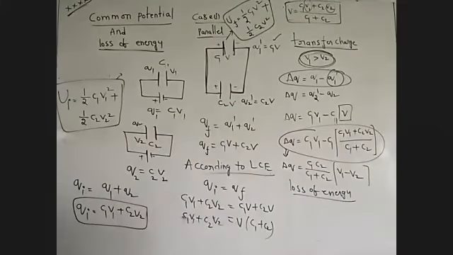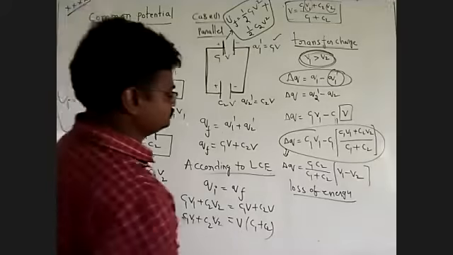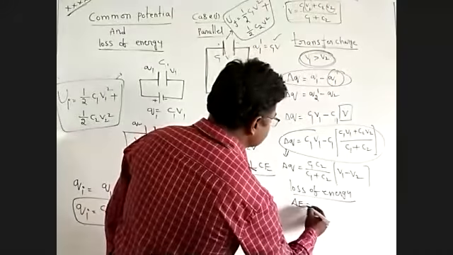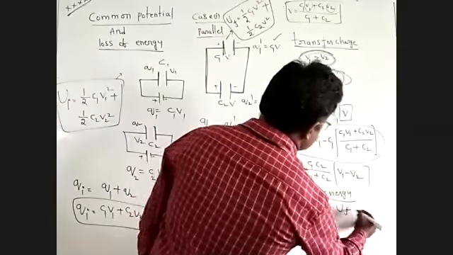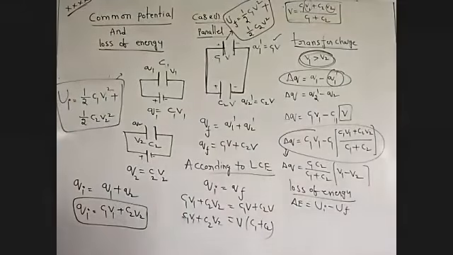Loss of energy means change in energy, which means initial minus final. So what is the formula?